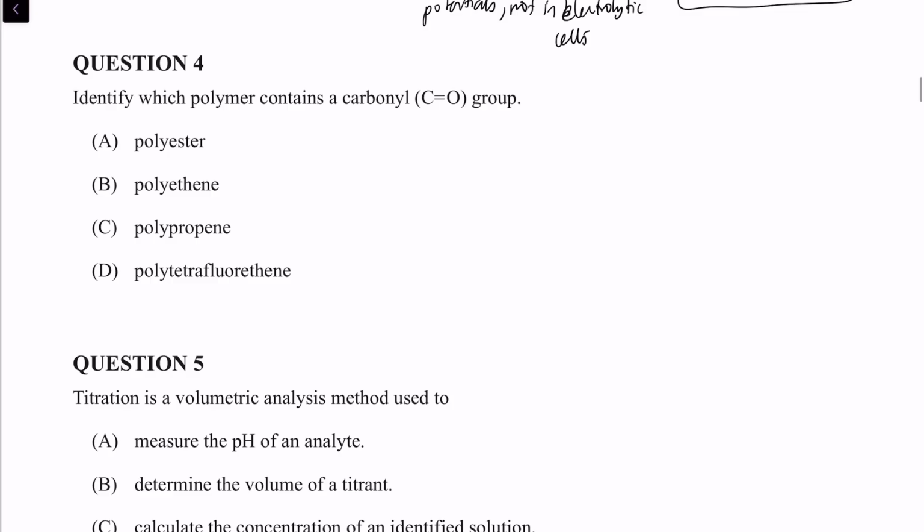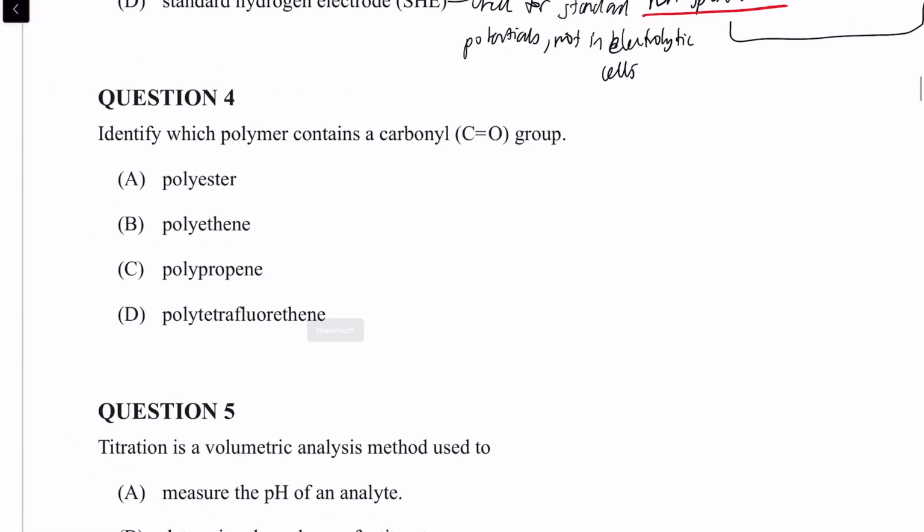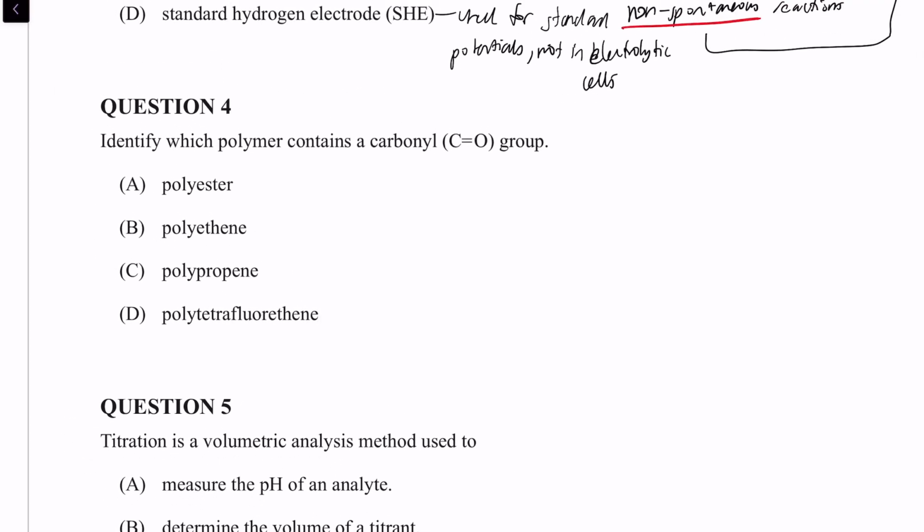Question 4. Identify which polymer contains a carbonyl, which is a C double bond to O group. So polyester, the keyword being ester, is just a carbon that is attached by a double bond to oxygen and an R group, and that gets polymerized.